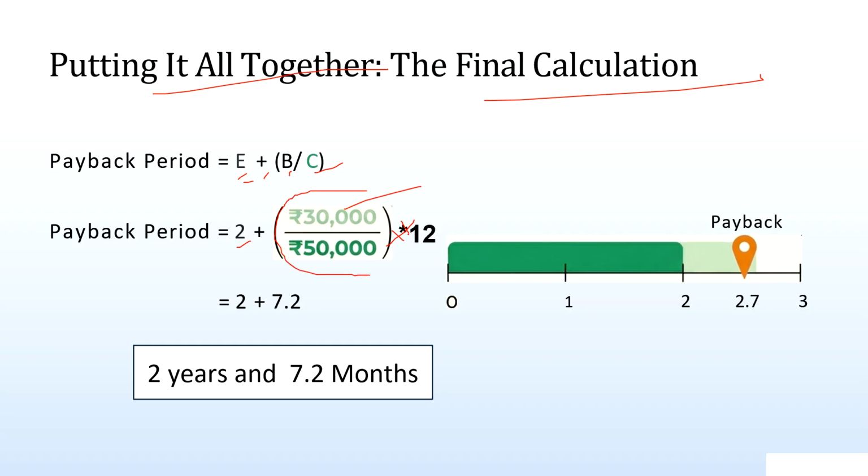For calculating the payback period, we divide by 12 because we convert it into time. So by multiplying this we get 7.2, and that's the result. The answer is 2 years 7.2 months.